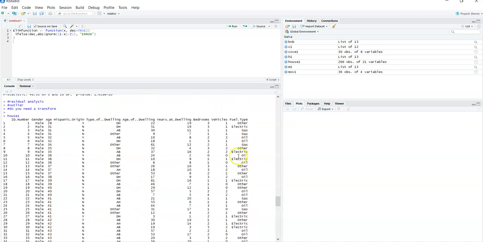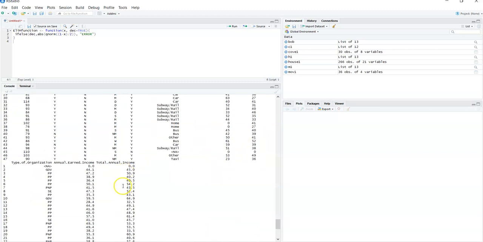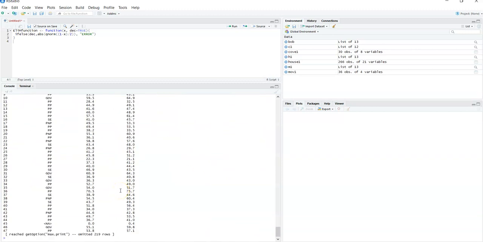For example, let's look at fuel type. Does fuel type tell you a lot about your total annual income? So if I want to have a model for this house data, from your housing demographics, total annual income, can that be predicted by fuel type?